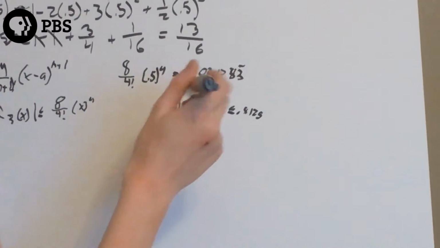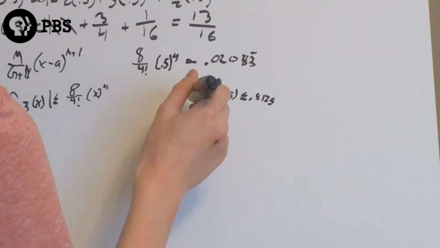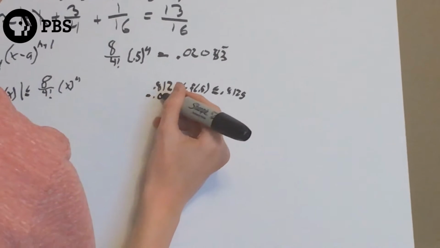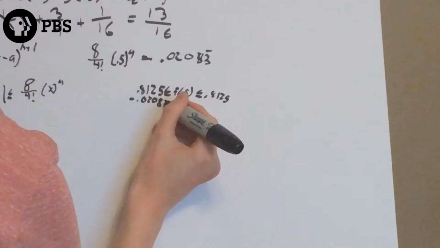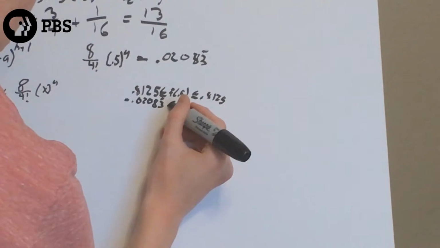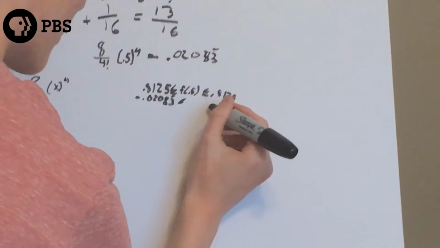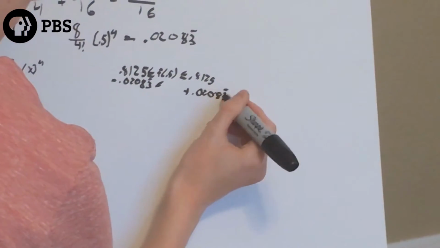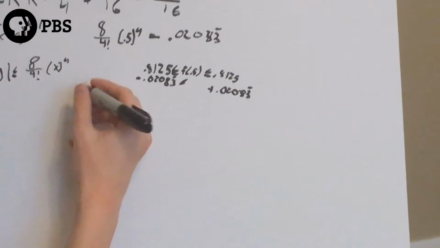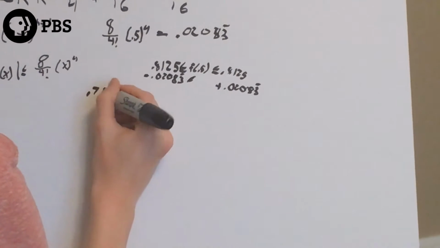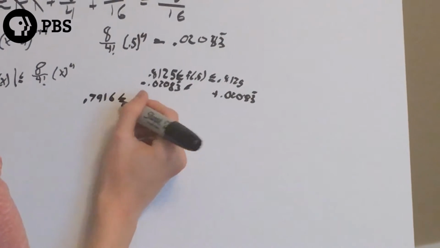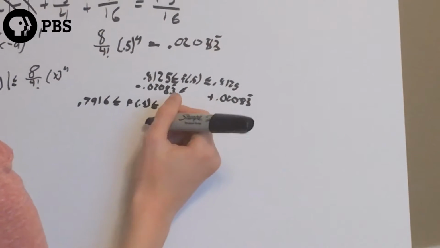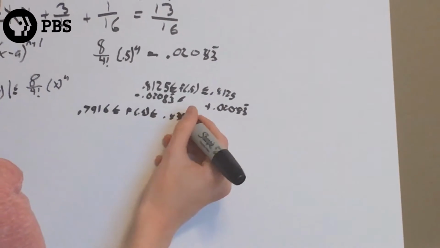All we're going to do is subtract 0.02083 from this one and add 0.02083 to this one. Made a little happy accident there. And that is going to give us 0.7916, which is less than or equal to the approximation of f of 0.5, which is less than or equal to 0.8333.